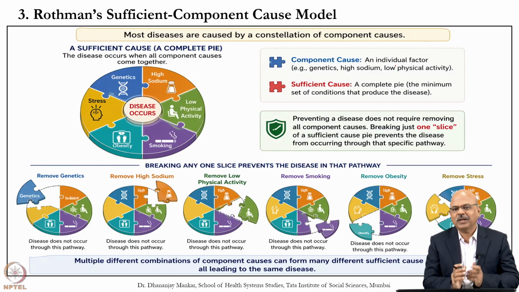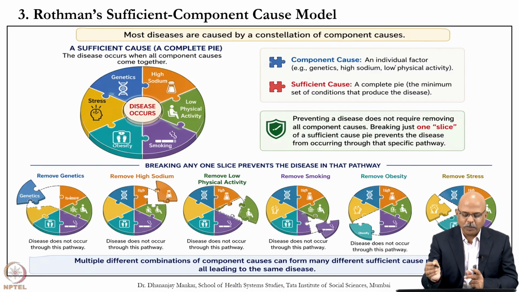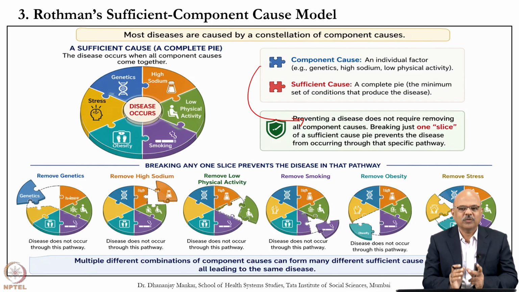What can be done for prevention? Preventing a disease does not require removing all component causes. Breaking just one slice of a sufficient cause is enough. A sufficient cause is a minimum set of conditions that produce the disease, so removing one slice prevents it from occurring through that specific process.